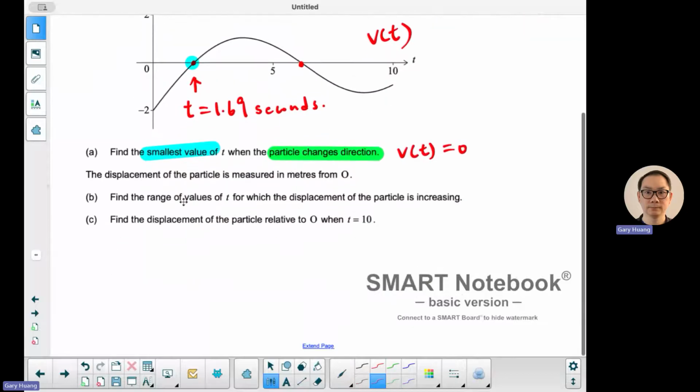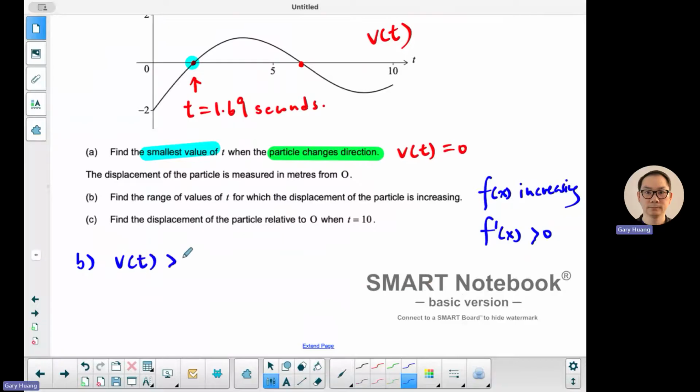Part B, find the range of values of t for which the displacement is increasing, right? So you can think of it as the original function f of x is increasing. F of x is increasing when the derivative is positive, right? So the displacement is increasing means I want the velocity function to be positive.